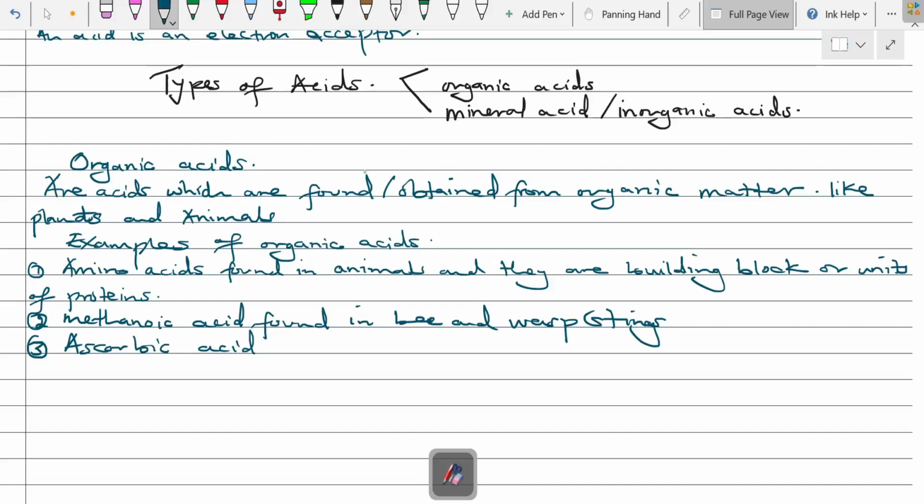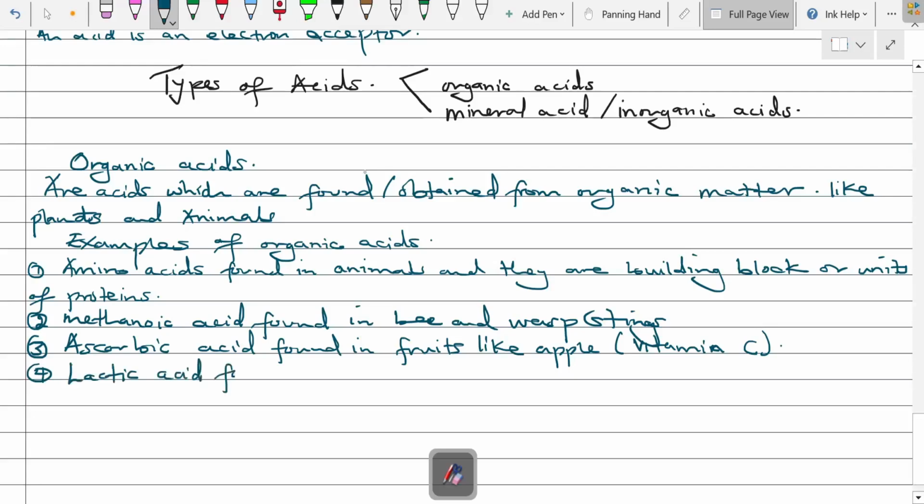And this one is commonly found in fruits, mainly fruits like apple, and another name for ascorbic acid is vitamin C. All right, we can have the fourth one, lactic acid, and this one is found in sour milk.